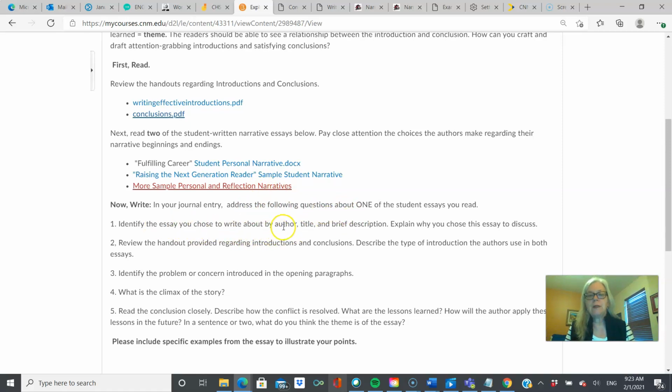Explain why you chose it, introduce the piece by title and author, and give us a little summary. What is the essay about? So that if I haven't read that one, I'll know what you're talking about, because I may not have read them all. And if you were to share this with others, would they know what you're talking about?